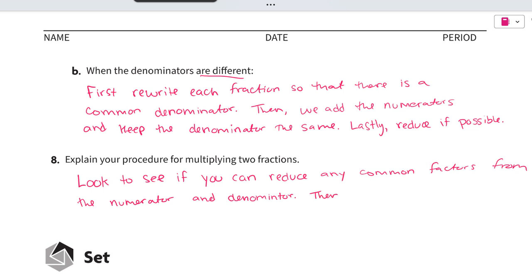Then multiply the numerators together. And the denominators together. That's not how you spell denominators.